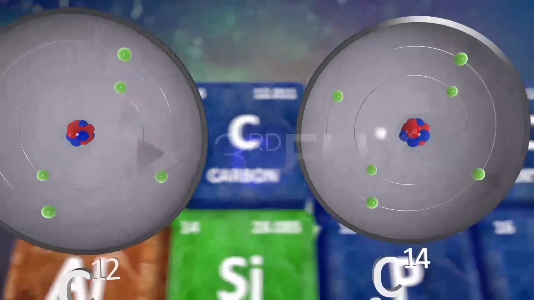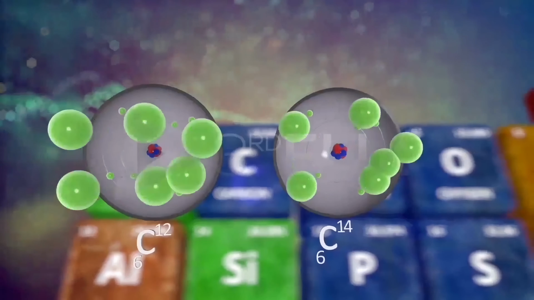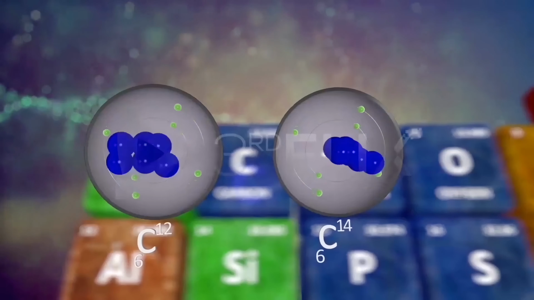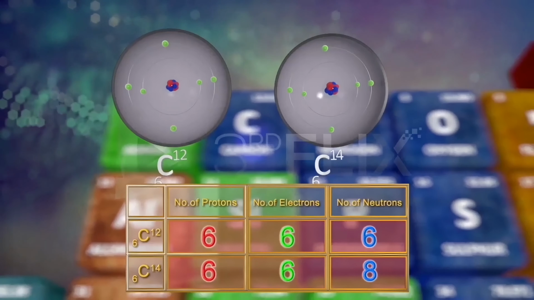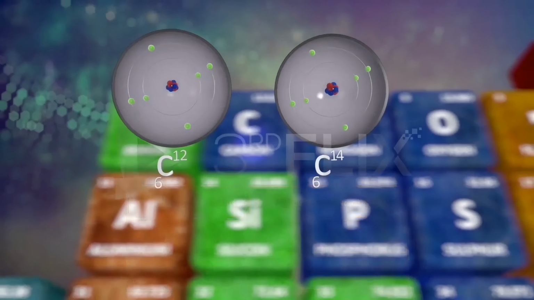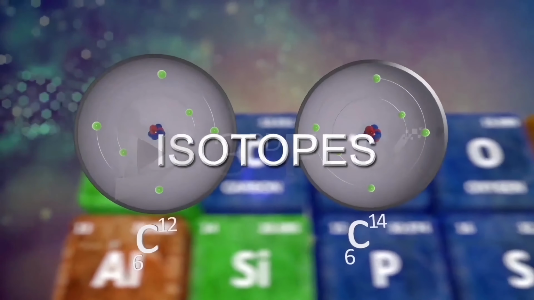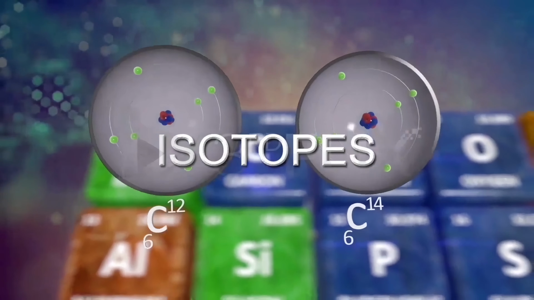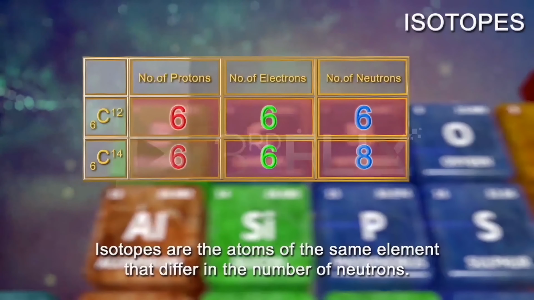Observe that both these atoms contain the same number of protons and electrons, but they differ in the number of neutrons. Such atoms of an element are called isotopes. Isotopes are the atoms of the same element that differ in the number of neutrons.